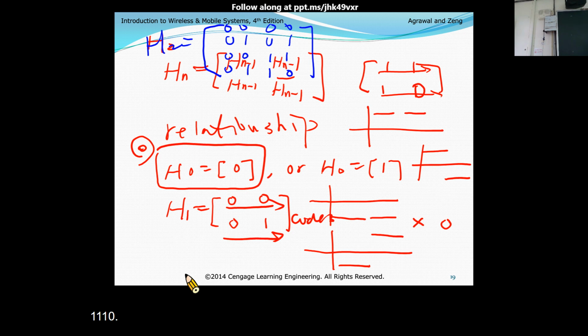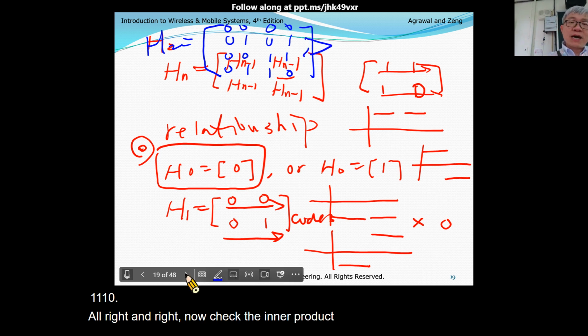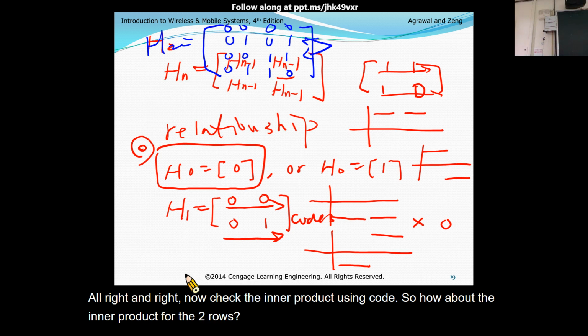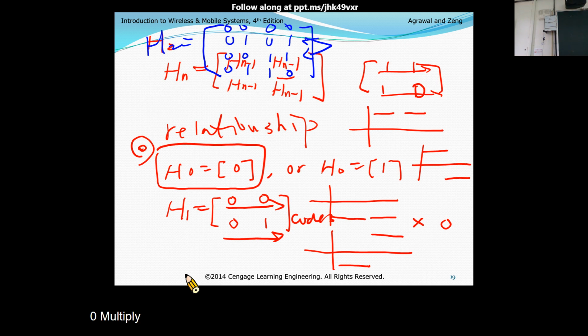All right. And right now, check the inner product using code. So how about the inner product for the 2 rows? 0 multiply 0, 1 multiply 0, 0 multiply 1.